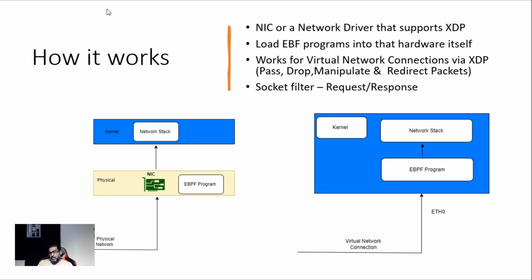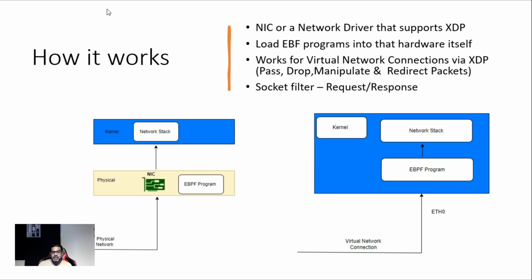Let's go a little bit more into networking and how it works. For the physical network, there are a lot of NIC cards that support loading the eBPF program into the physical NIC itself.